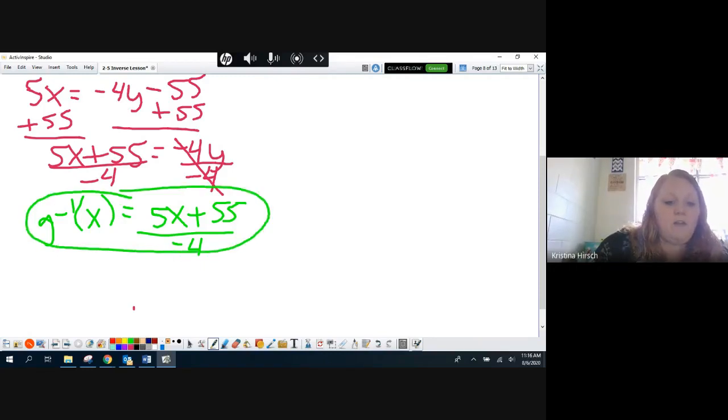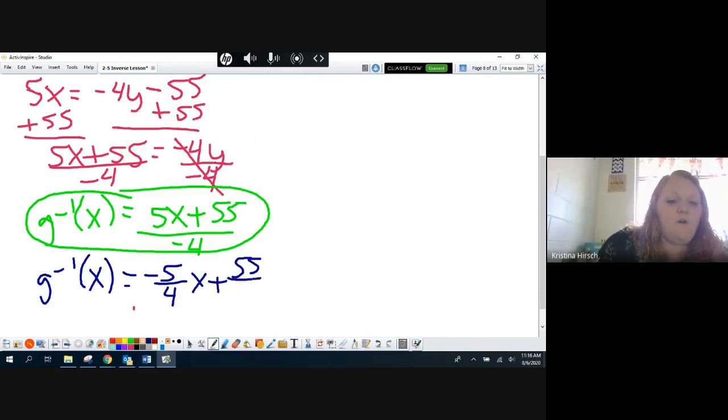Another way that you could rewrite that in a more linear format would be -5/4 x minus 55 over 4, because a positive divided by a negative is a negative. So that would also be acceptable.